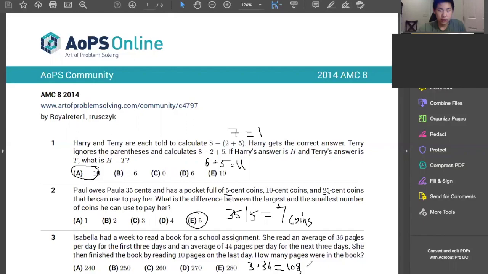The second chunk of days, the 4th, 5th, and 6th day, she reads 44 pages on average, so 3 times 44, which is 132 more pages. And then on the last day, it's just 10 pages. So if we add all of these up, 108 plus 132 plus 10, we get our answer of 250.